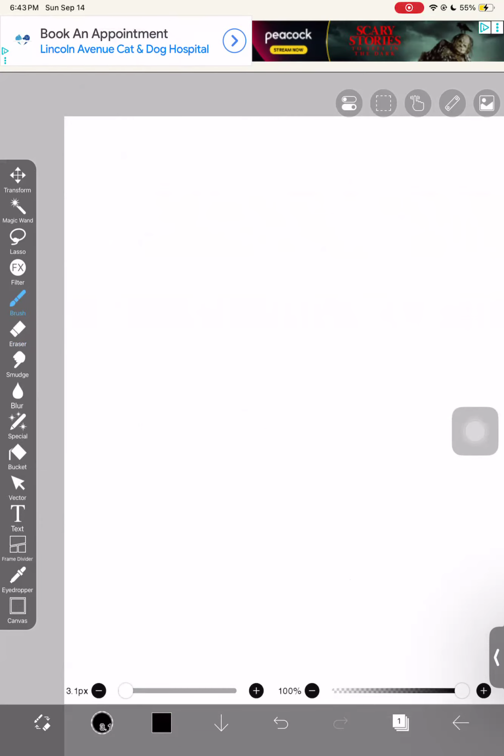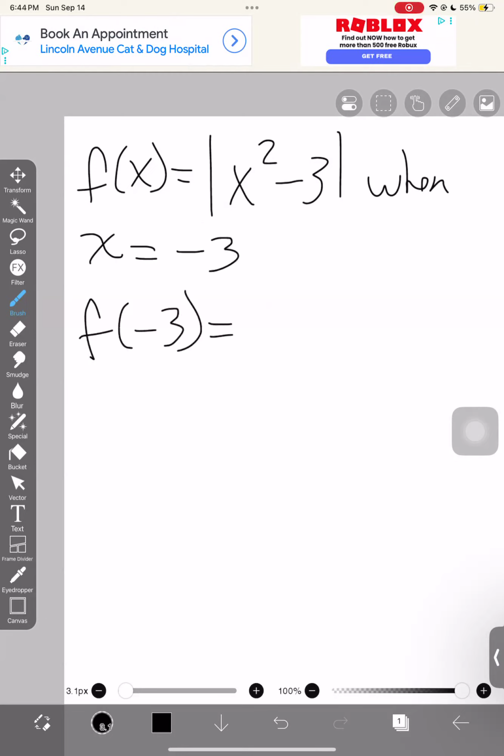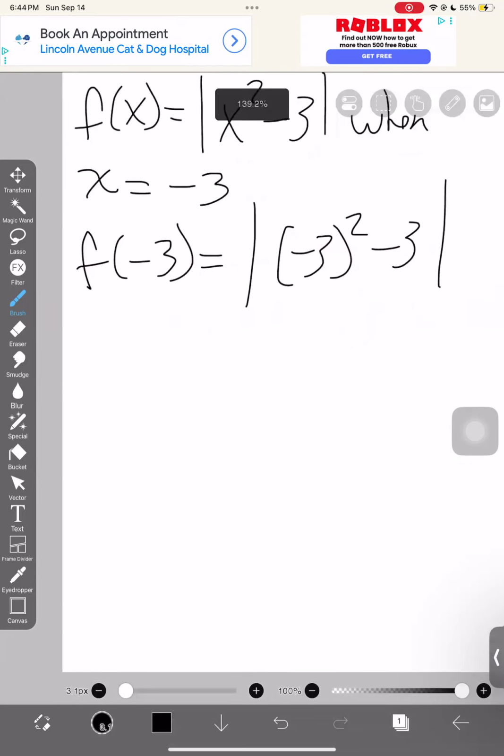So let's do another one. So we do negative 3 to the power of 2 is 9.